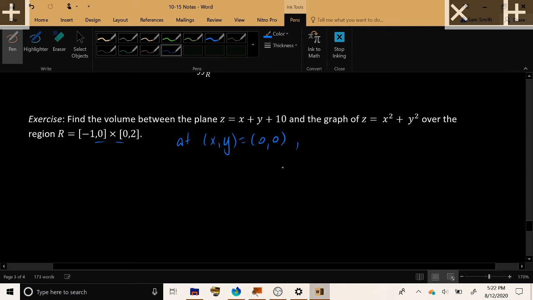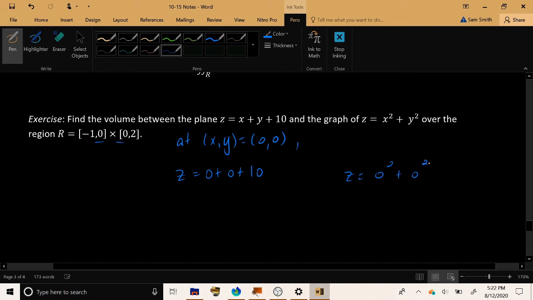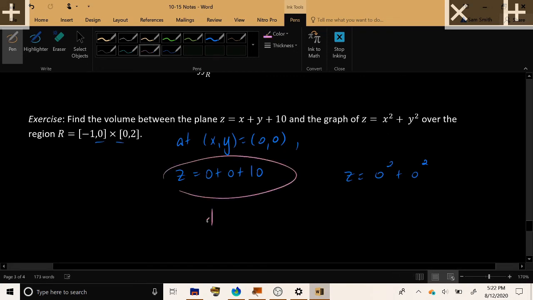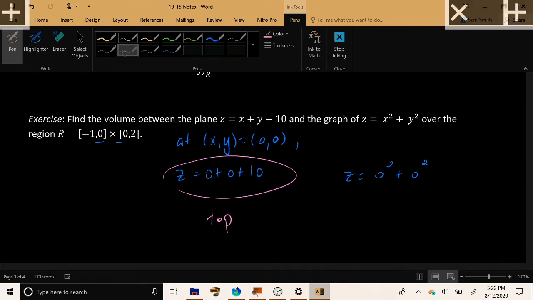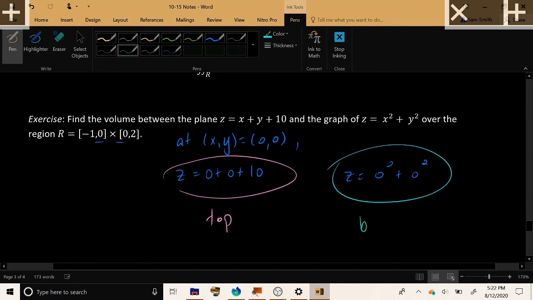If we plug this in, 0 plus 0 plus 10 is the output of the plane. 0 plus 0 is the output of the paraboloid, z equals x squared plus y squared. And so, based on that, getting a larger value from the plane, we also see that this function is going to be the one on top in this region, and this will be the one on the bottom.